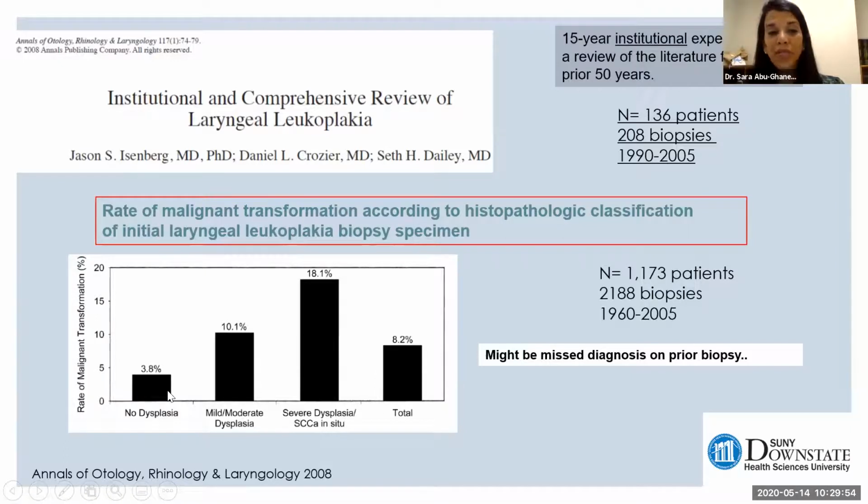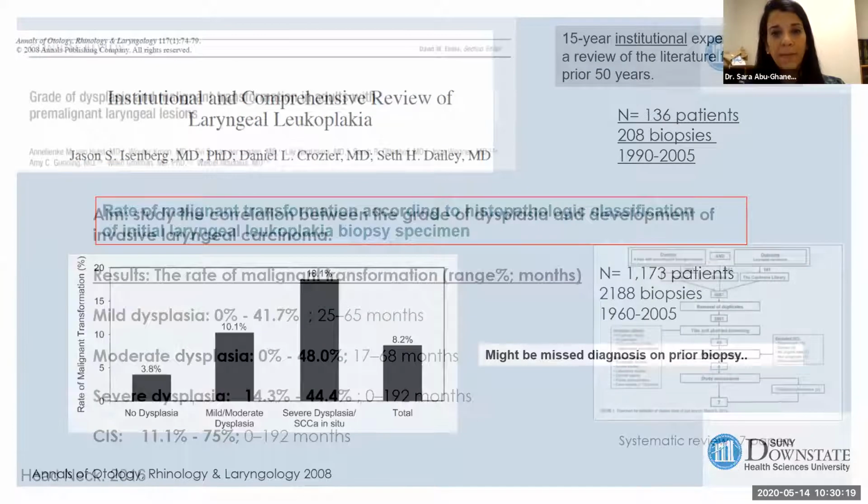If there's no dysplasia at all, there's still a 4% risk of malignant transformation. 10% of mild to moderate dysplasia progressed to malignant transformation during the follow-up period, and 18% of severe dysplasia and carcinoma in situ progressed. So those are pretty big numbers.